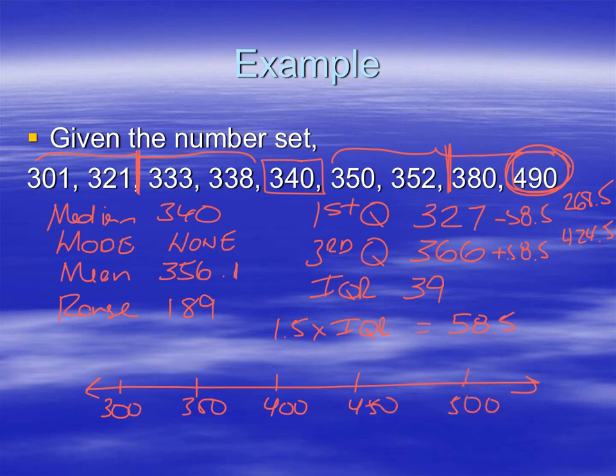And then my box would go from 327, which is about there, to 366. The median is at 340. And then I would go to my minimum of 301. And I would go out to my maximum of 490. And that would be my box and whisker plot.